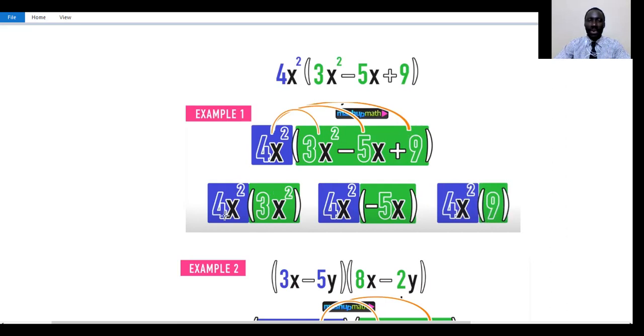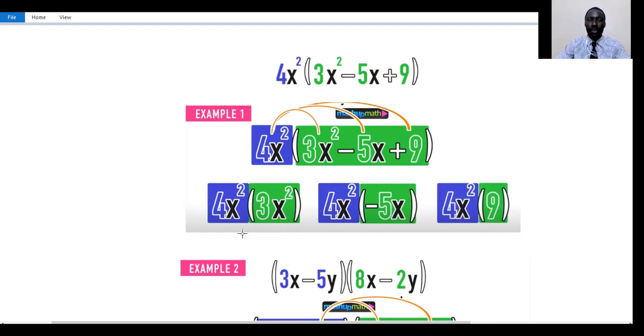This way, we can break it down into 4x squared times 3x squared. Then we have this other one here. We now have 4x squared times negative 5x. Then also we have 4x squared times 9. You see that? So when we do it that way, we can then simplify the product.